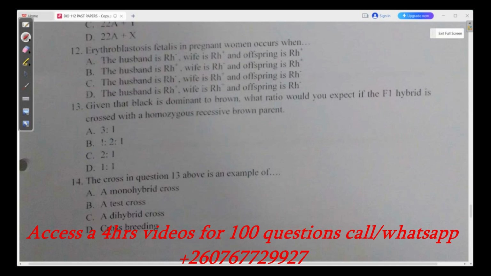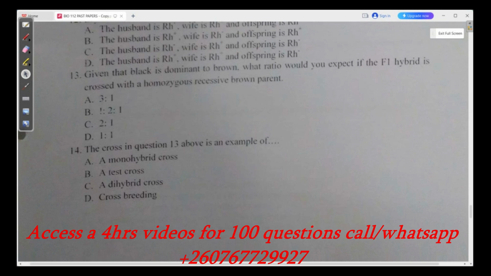So the husband has to be positive, mother negative. The baby and the father have to be rhesus positive, the fetus and the father have to be rhesus positive, and the mother has to be rhesus negative. That is a situation where you're going to have that erythroblastosis fetalis, the premature death of the fetus.